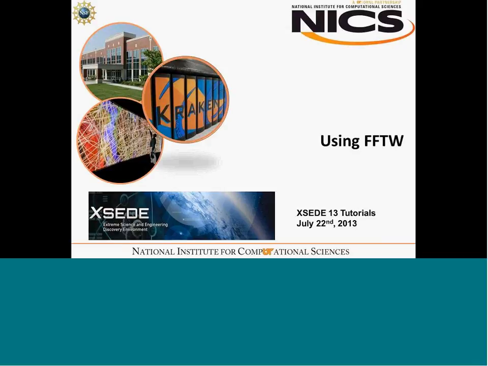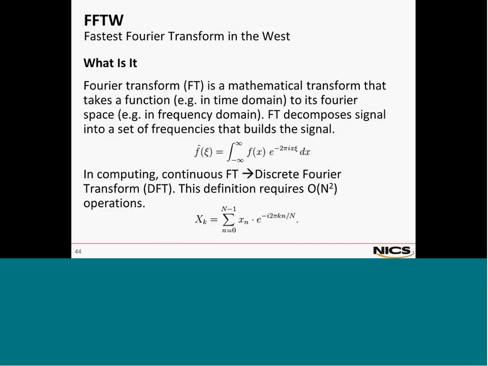The last topic I have is about FFTW. So what is FFTW? It stands for the Fastest Fourier Transform in the West. Fourier transform is a mathematical transform that takes a function, for example in the time domain, to its Fourier space, the frequency domain, and decomposes signals into the set of frequencies that build the signal.